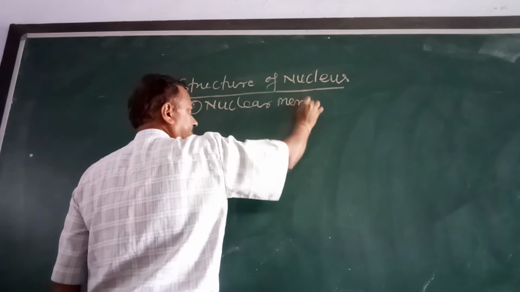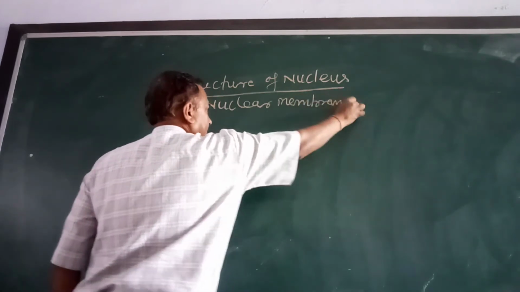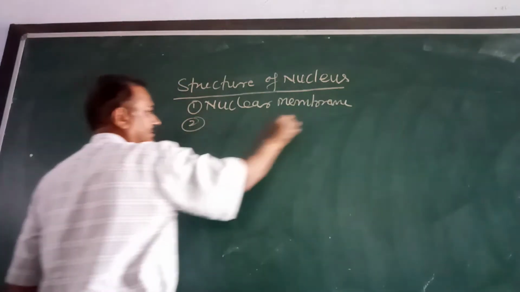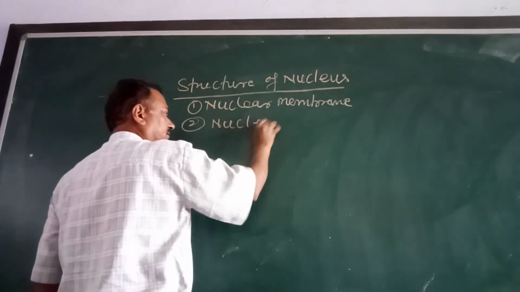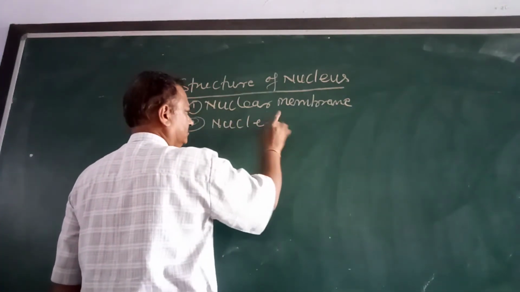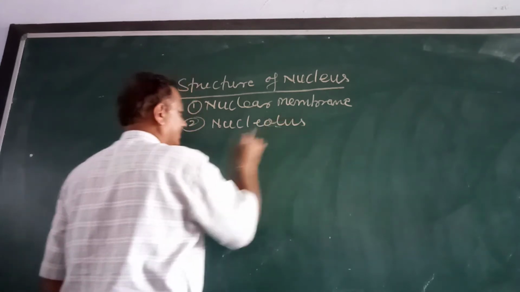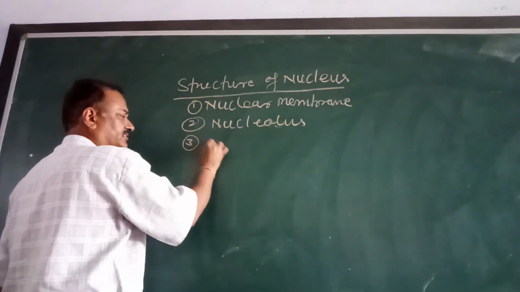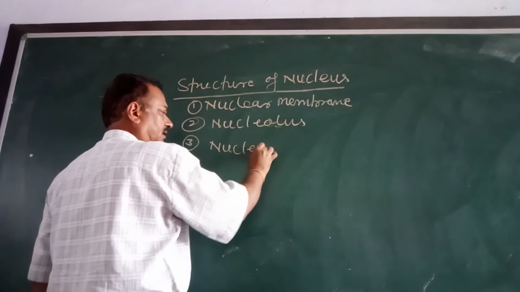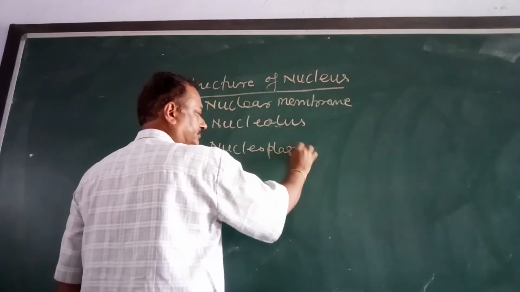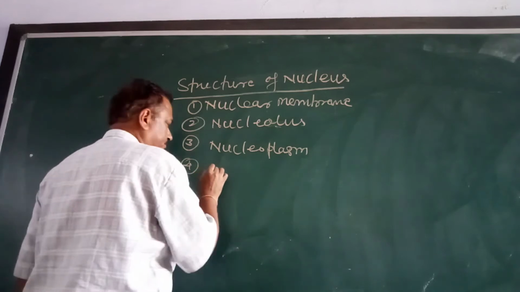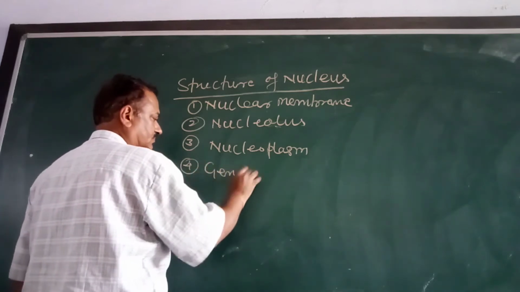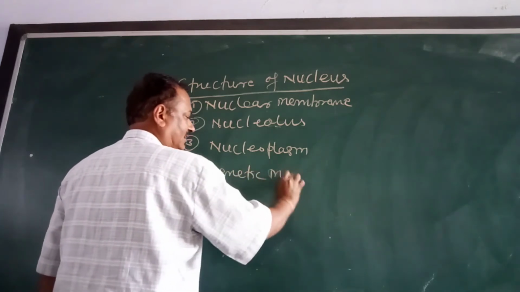nuclear membrane, second is nucleolus, third is nucleoplasm, and fourth is genetic material.